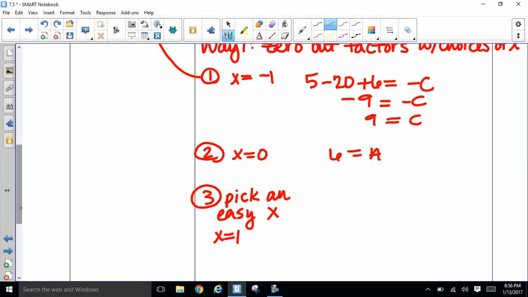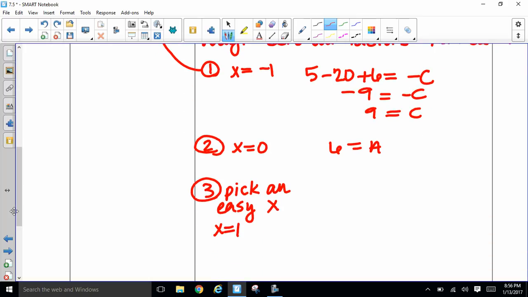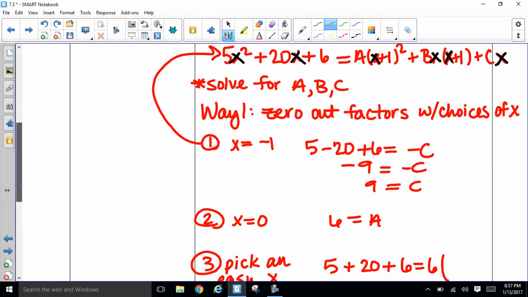So again, this is my equation I'm plugging into for all the x's. So that would turn into what? 5 for that first part. And then if I plug in 1, I would get 20 for the second part, 6 for my constant. Then I would have 6 times, because I've already figured out what A is, so I can use it, times x plus 1 quantity squared.